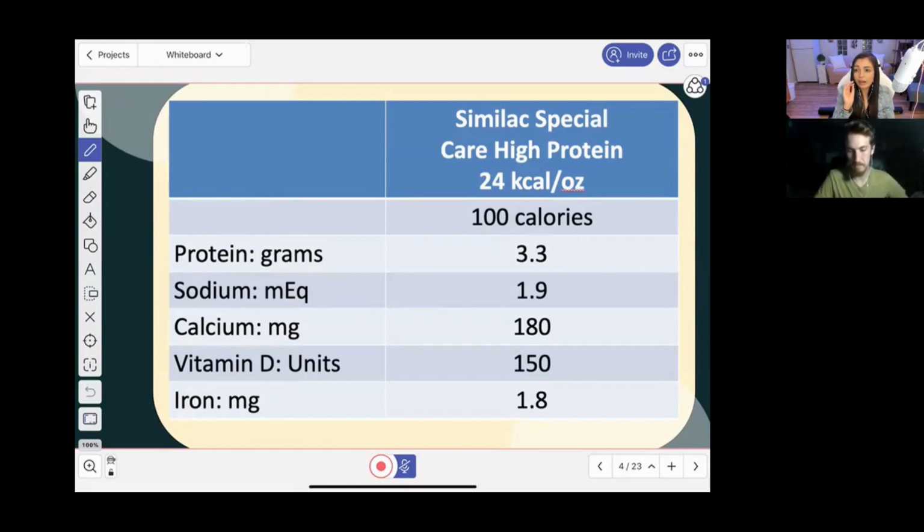It will have all of this exact nutrition information in regards to the protein, sodium, calcium, vitamin D, iron, all the B vitamins, anything you can think of. These values are based off of 100 calories, so keep that in mind. For every 100 calories of the formula that is being given, that will include 3.3 grams of protein.